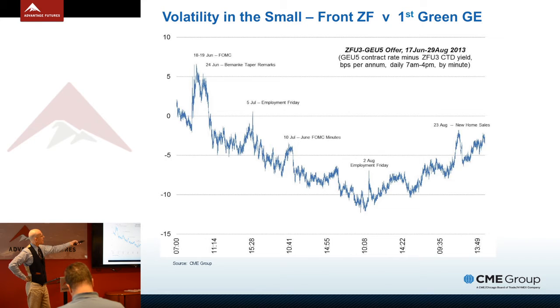So what are you looking at here? This is a little over 28,000 1-minute points for a particular TED spread. This happens to be the Set 5-year versus the first green euro dollar. Why that spread?